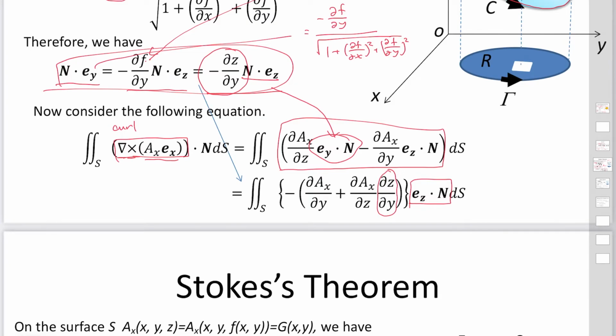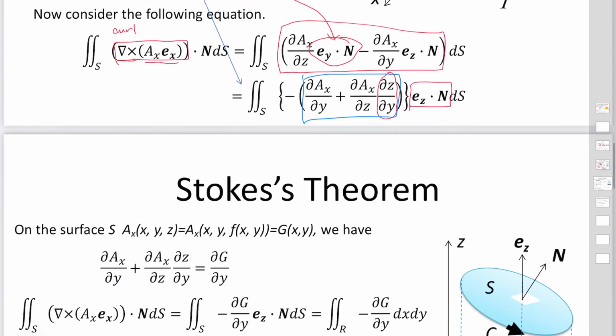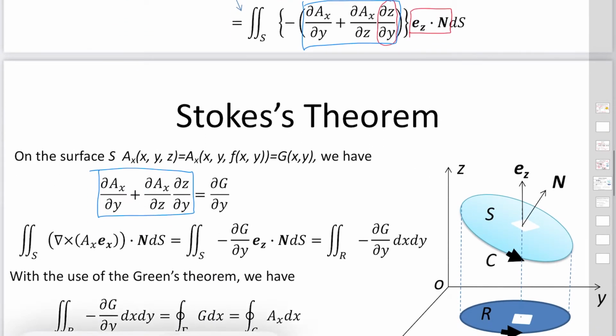Then if you look at the inside of the parentheses, this is exactly equal to this equation: ∂a_x/∂y plus ∂a_x/∂z times ∂z/∂y. And a sub x is a function of x, y, z. But z is a function of x, y, and can be expressed so.